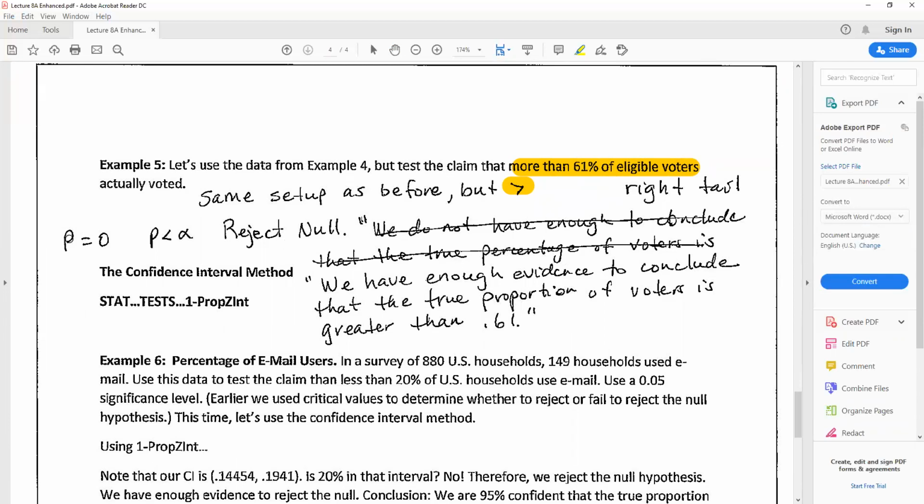And again, we get a p-value that is 0, or very close to 0. And since the p-value is less than the alpha level, we will reject the null. And we have enough evidence to conclude that the true proportion of voters is greater than 0.61.